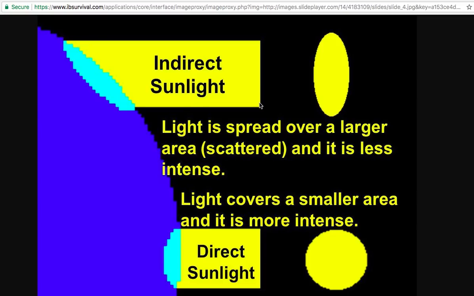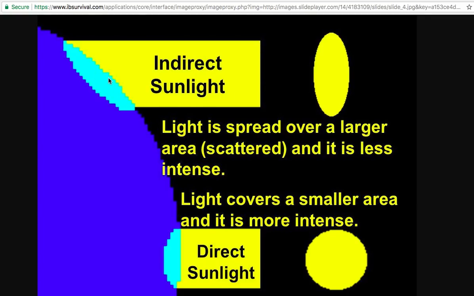If you look at these two rays, they are equal in length before they hit the Earth. Direct sunlight, or light that is coming in at a right angle, covers the least amount of area, which means it's the most intense. You're getting the most sunlight per square area, versus indirect sunlight.